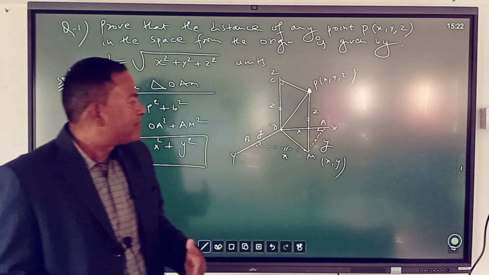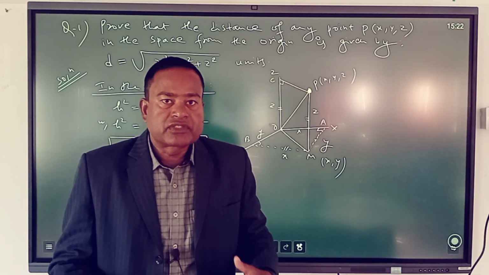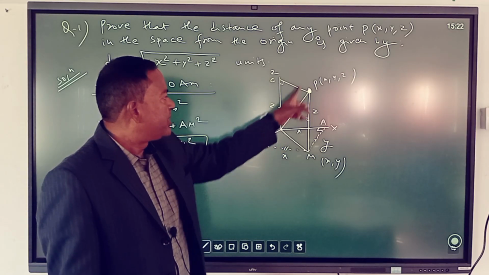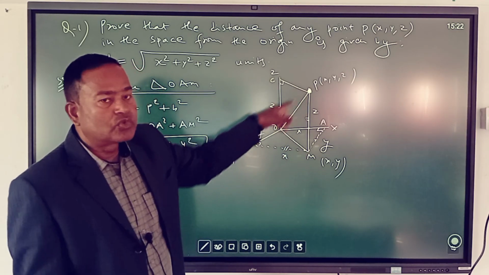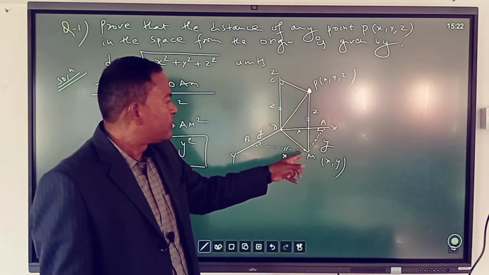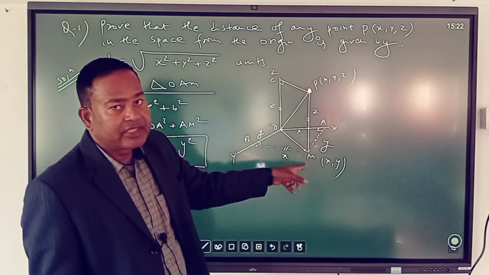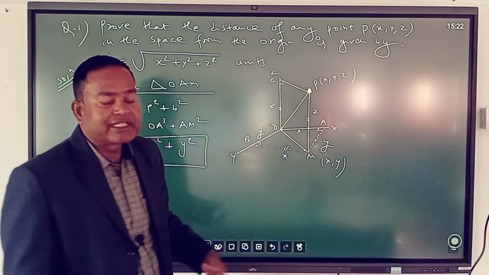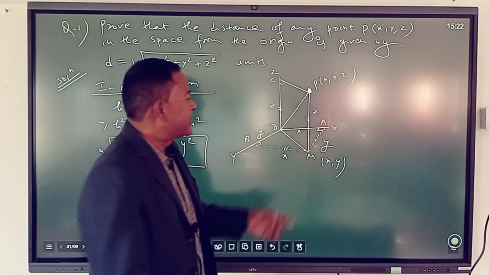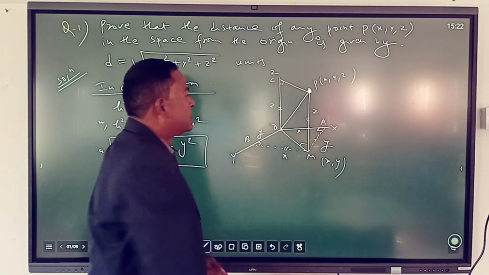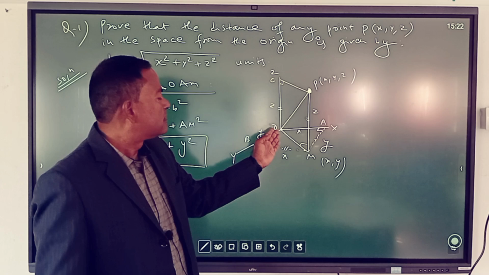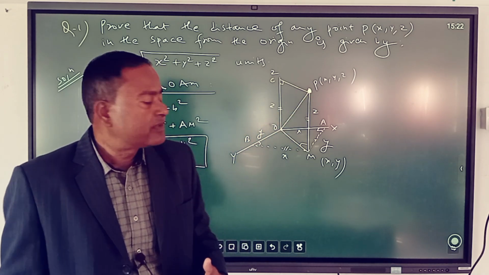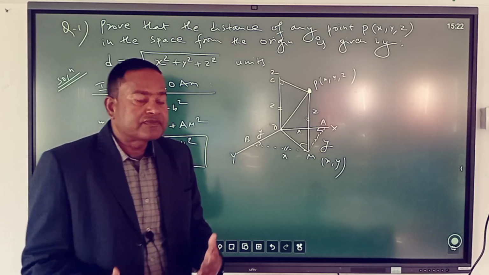Now we have two options. By taking right angle triangle OMP, right angled at M, we can find OP, the distance of the point P from the origin, because we already know OM and PM is given. We have another option also.